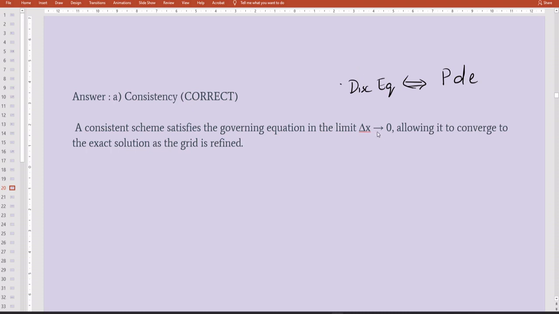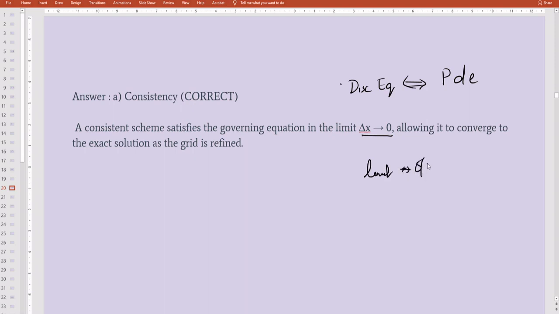This term, delta x tends to zero, comes from the basics of partial differential equations, like the limit theorem: the limit of phi of x minus phi of x minus 1, over some step size, converts to our dou phi by dou x when delta x tends to 0, that is, when the term in the denominator tends to 0.